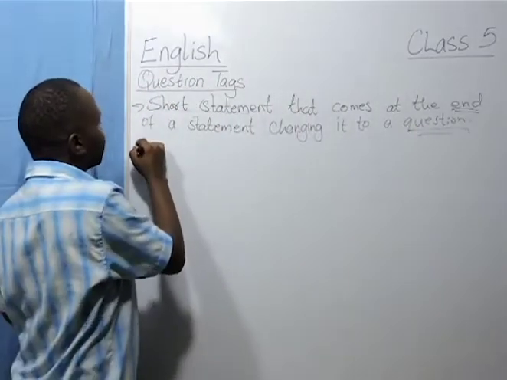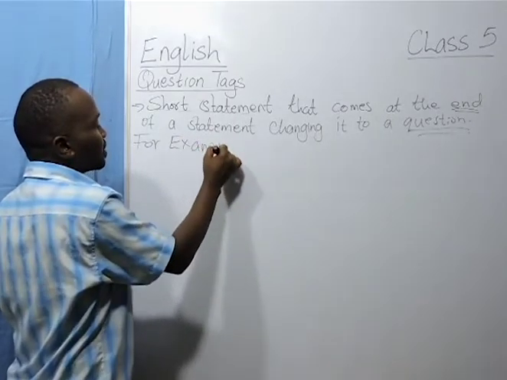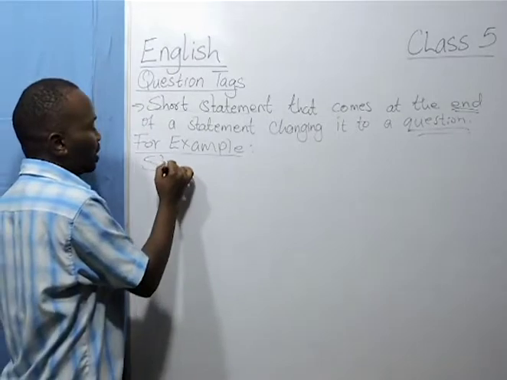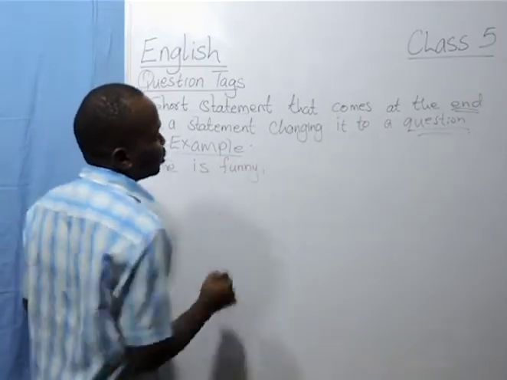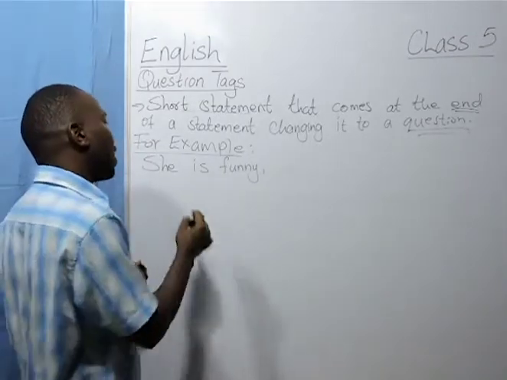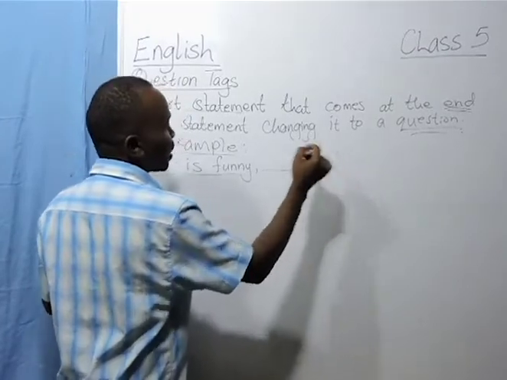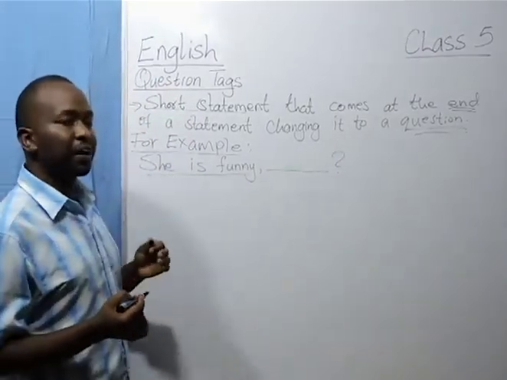Now, for example, we may say, she is funny. Now we want to change this statement into a question by putting a question tag. So how does it go? She is funny.